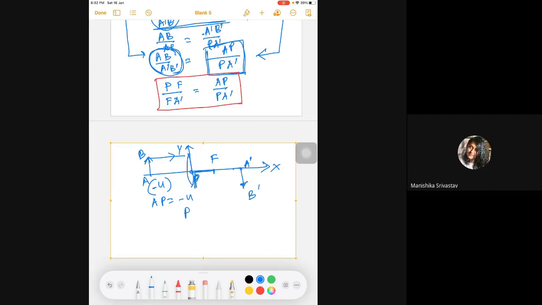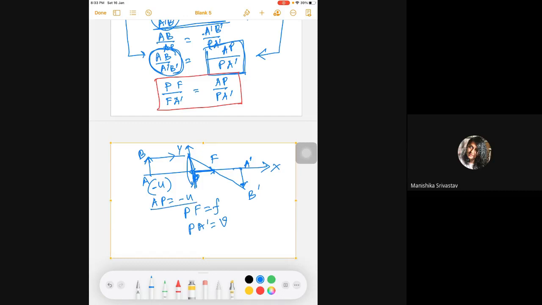PF, this distance PF equals small f, that is the focal point or the focus of this particular lens. So this ray is going this way, and the image is forming at point A dash. From where will I measure? From the pole. P A dash equals v.